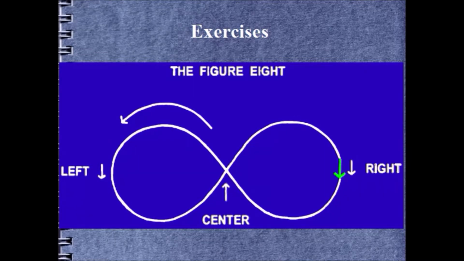So when you're going up to the left, you breathe in diaphragmatically, and then when you go down, you breathe out. And then when you go up to the right, you breathe in diaphragmatically, and then when you go down, you breathe out. And you can do this as much as you want to, probably 10 to 20 times for an exercise, and it should help you with vision correction.